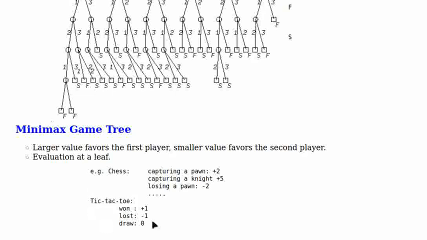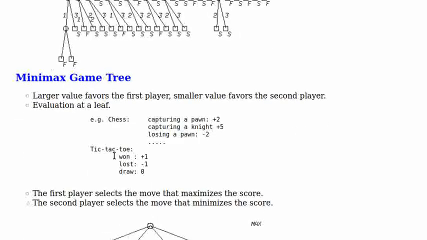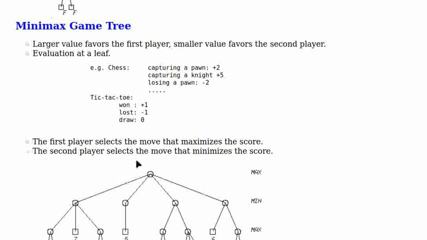In a tic-tac-toe game, if the first player wins, it gains positive 1 point. If it loses, it gets negative 1 point. If it draws, it's 0 points.